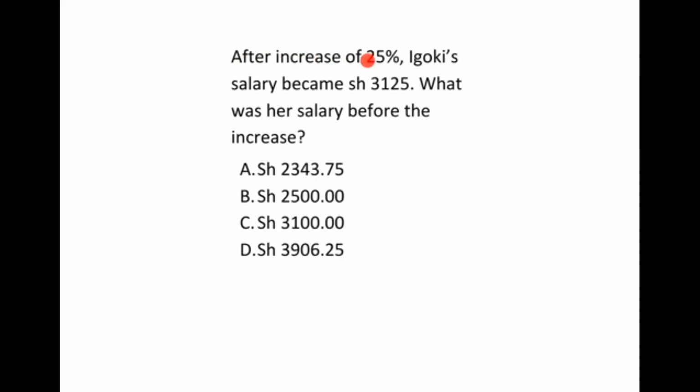After an increase of 25%, Igoki's salary became 3,125 shillings. What was the salary before the increase? We are given that the increase is 25%, then the salary became 3,125. And then we are asked what was the salary before the increase. Therefore, we can proceed as follows.